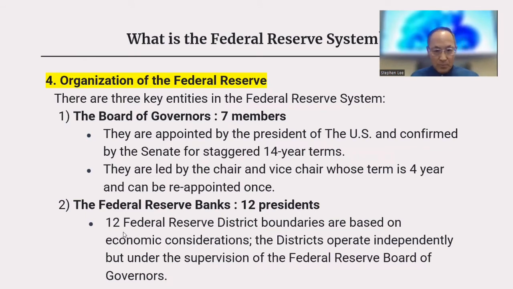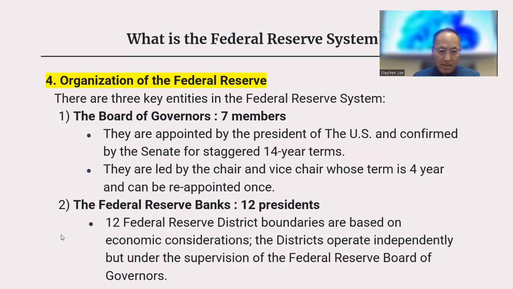Now, secondly, the Federal Reserve Banks. There are 12 different banks. Therefore, there are 12 presidents, of course, one president for each bank.